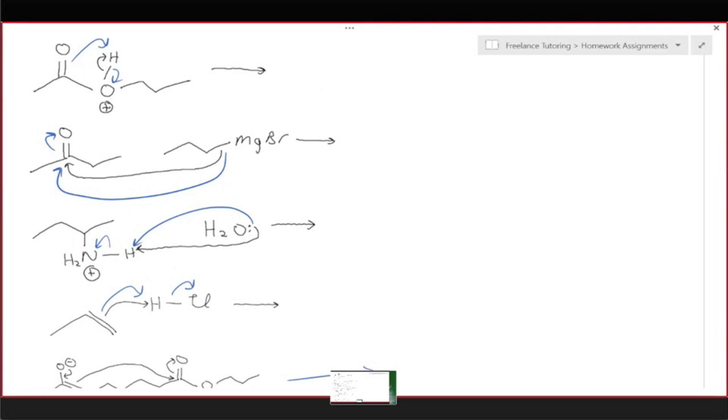The arrows that you drew are consistent with the rules we've seen so far. Eventually we'll see that they're really not the best arrows, but they're consistent with the rules we talked about so far. So that was fair work there. As we go on, we'll see how to draw better arrows. But you drew good arrows based on what we've talked about so far.